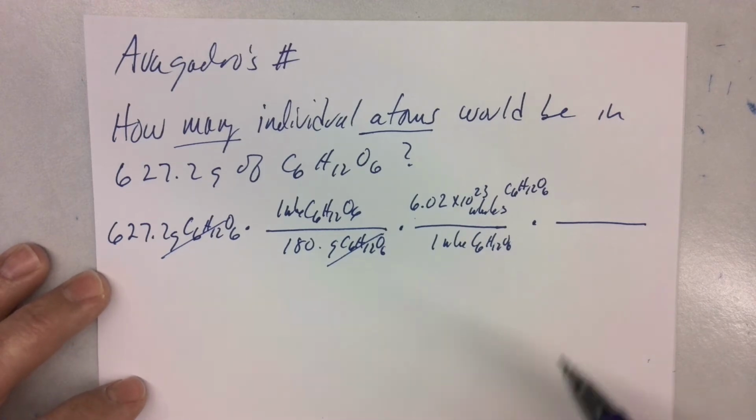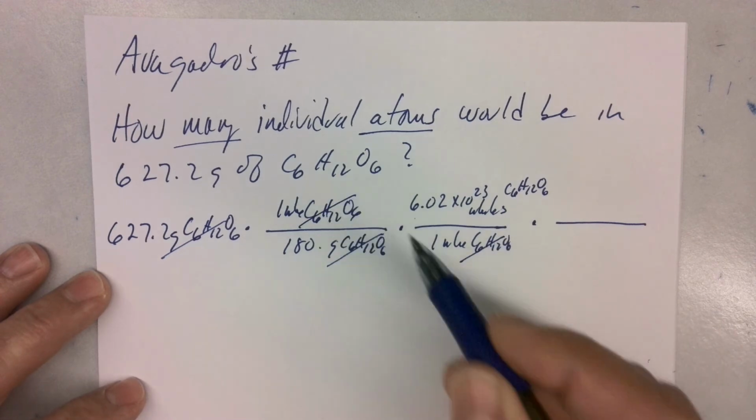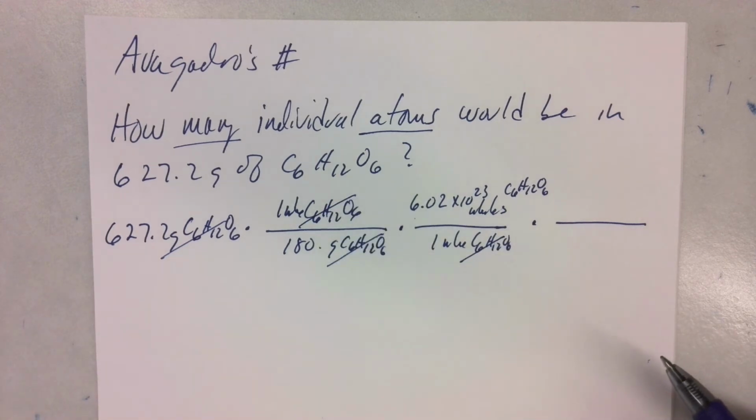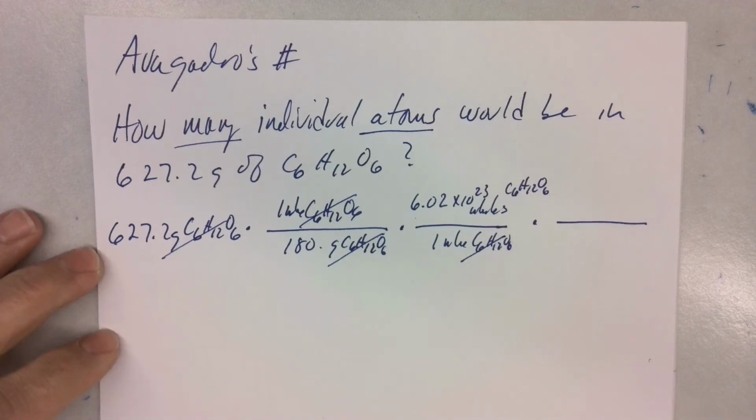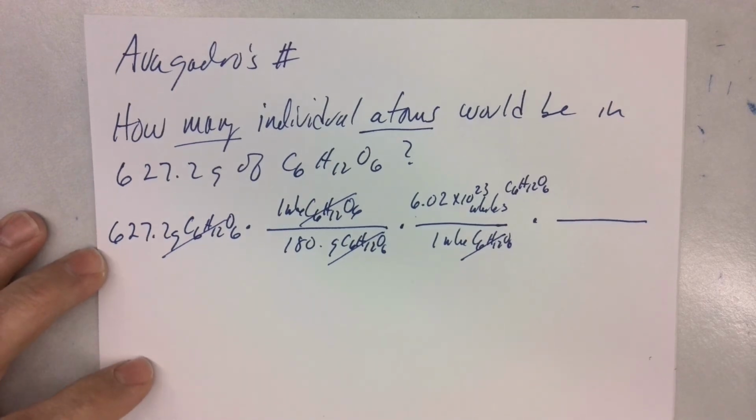Okay? Now I'm in molecules, but now I got to go to atoms. Well, how do I go from molecules to atoms? Well, what has to go where? Molecules on the bottom. Molecules in the denominator, and then what needs to go in the numerator?